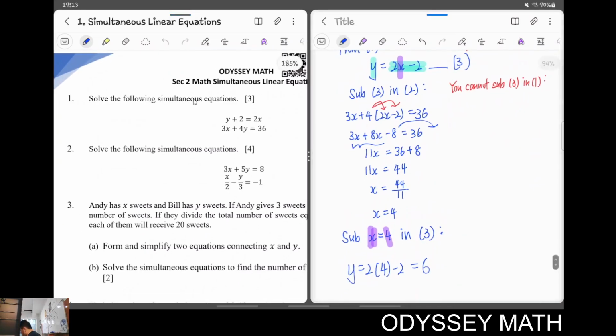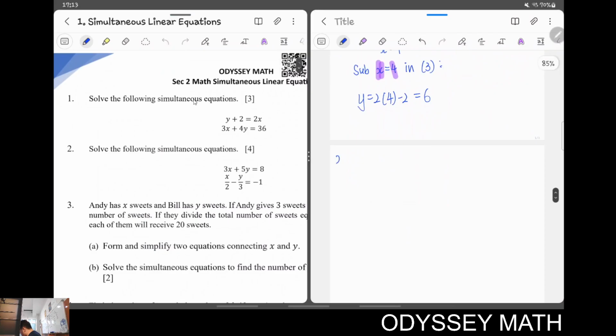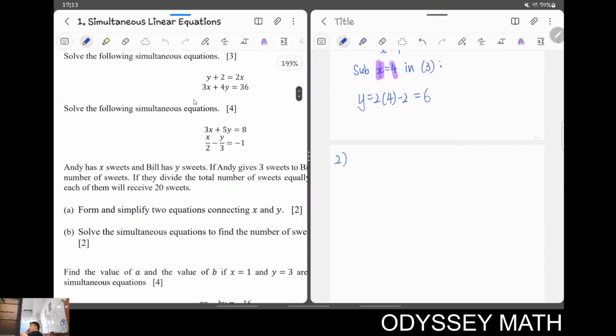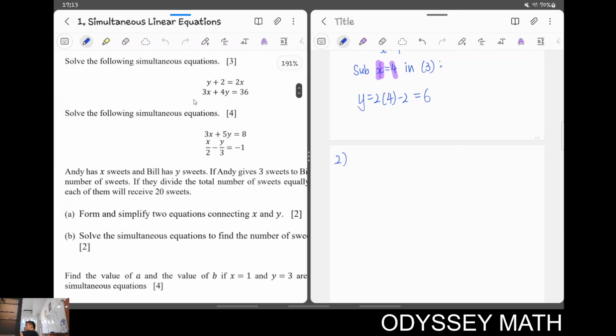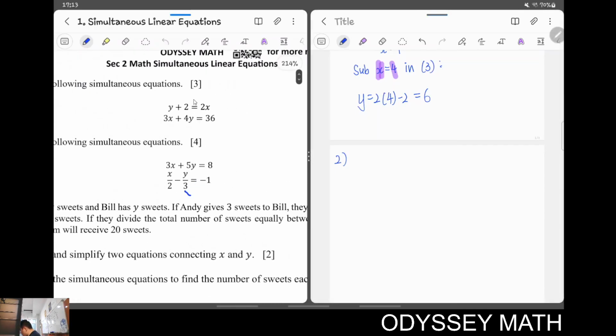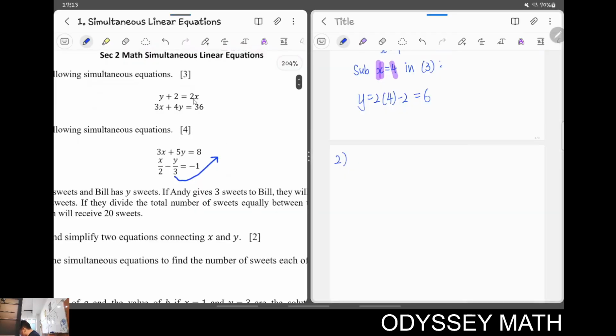Alright, let's go to question number 2. Question number 2, I have a pro tip for you. You can write down on your question paper. So let's say if in an exam you're asked to solve simultaneous equations and you have a fraction, I want you to write a tip here: get rid of the fraction first.